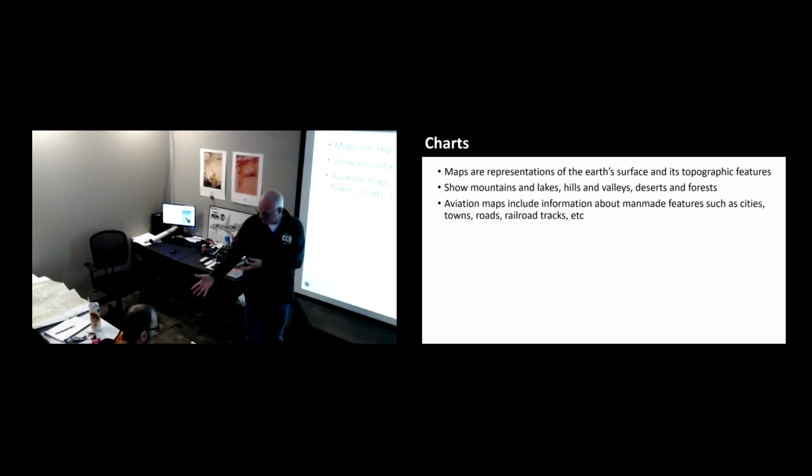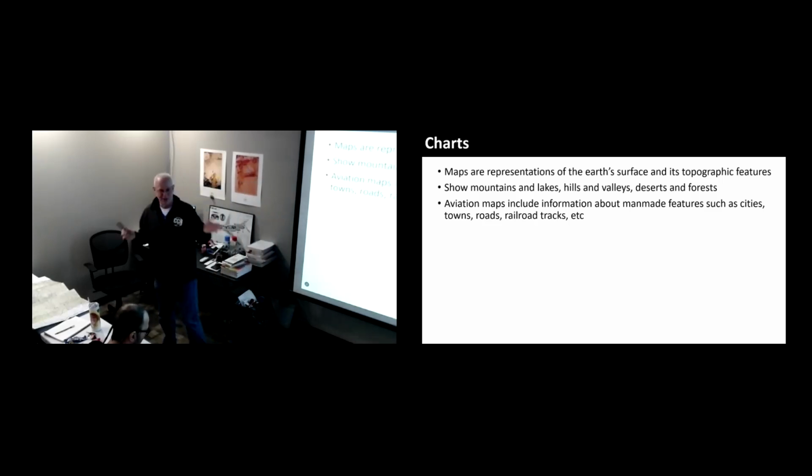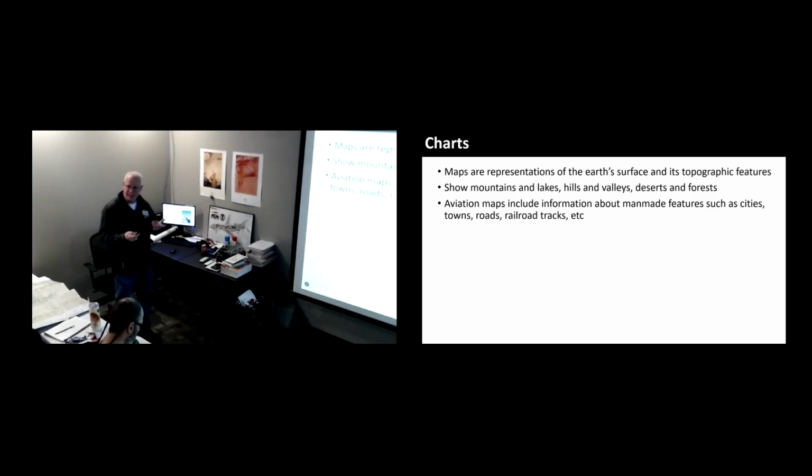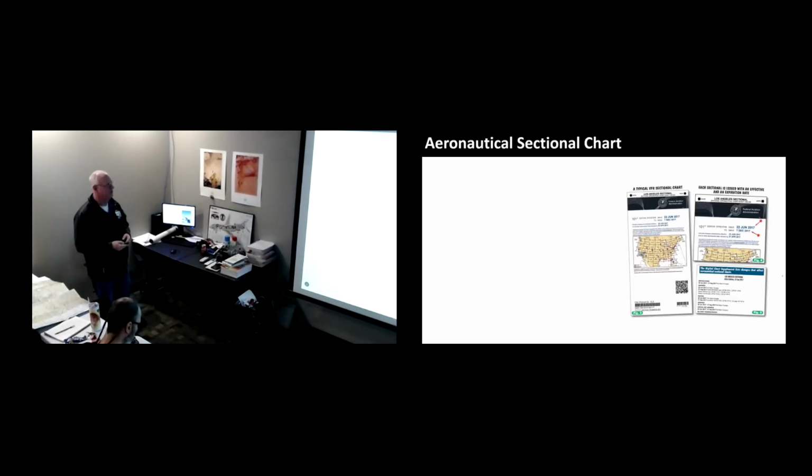Pilotage meaning we see something on the chart, we see the same thing out in front of the airplane. We can navigate using the terrain features and the symbols on the chart as long as we're not lost, right? That's the whole purpose of the charts and the features and the characteristics that we have with those charts. Okay.